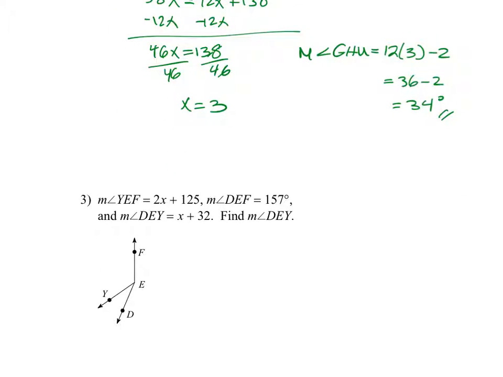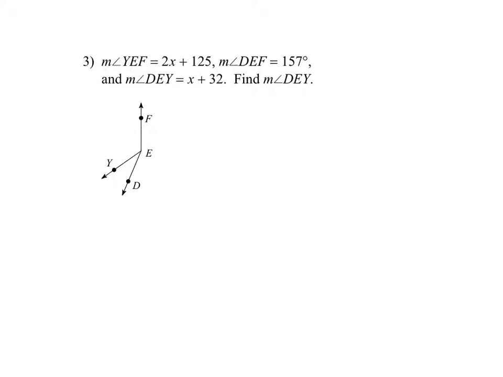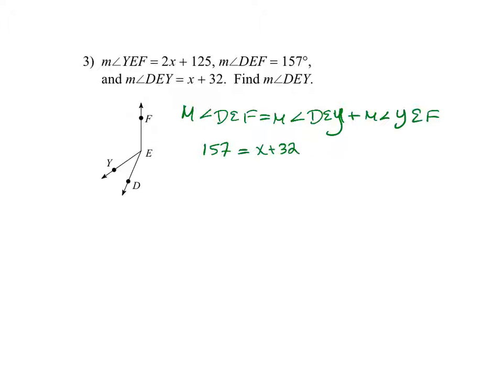Now, the last one. The measure of angle DEF equals the measure of angle DEY plus the measure of angle YEF. DEF is 157, and that equals x plus 32 plus 2x plus 125.